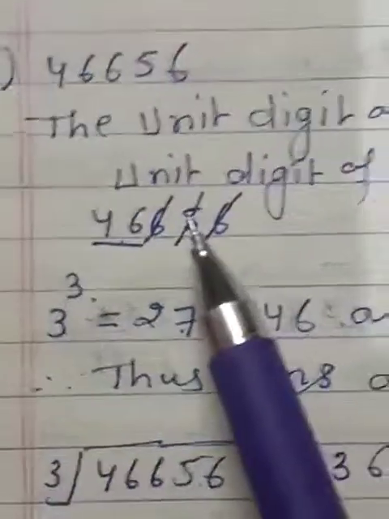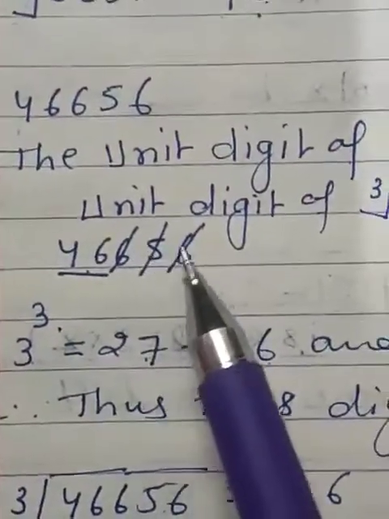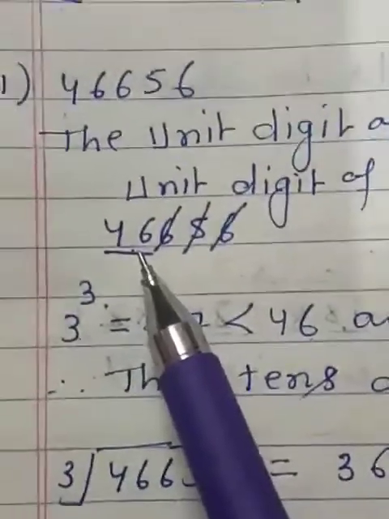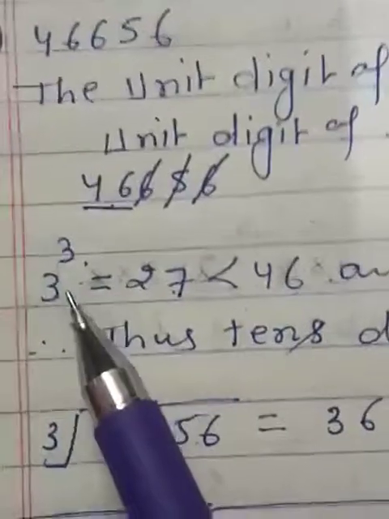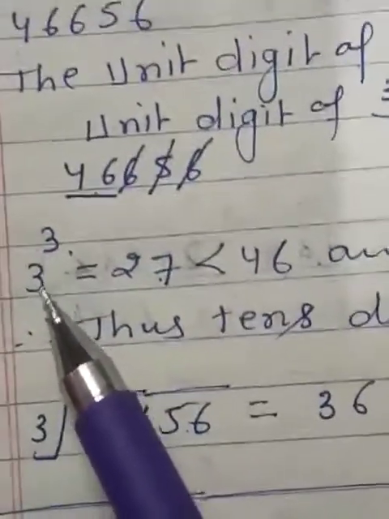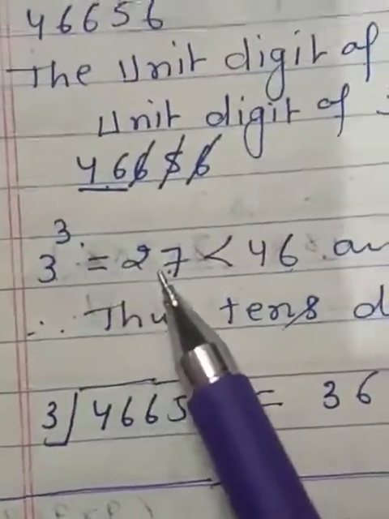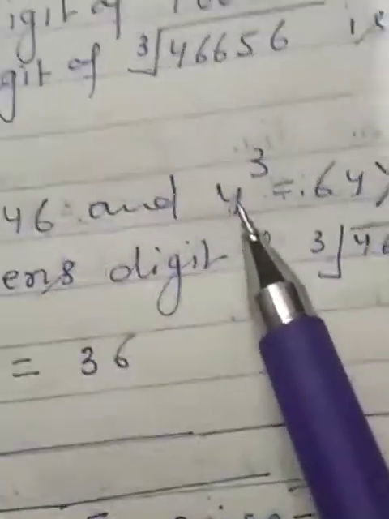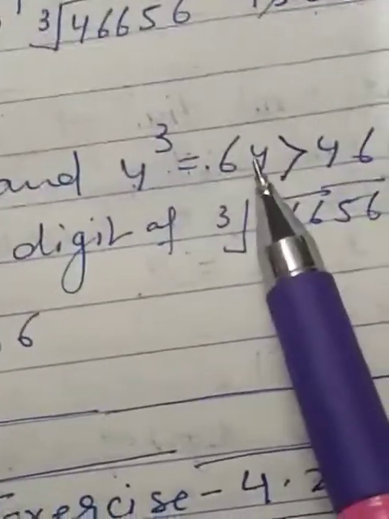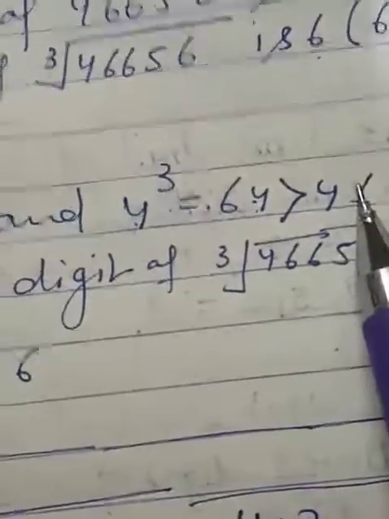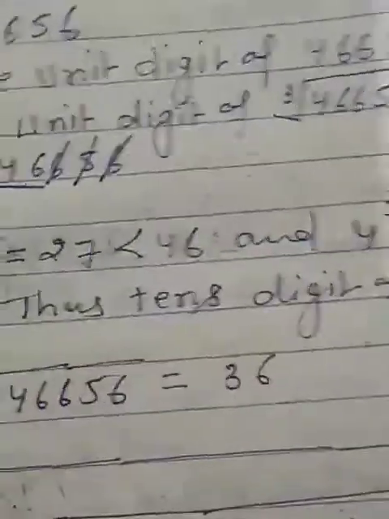Now when we cut 46656 from the right side, three digits, 46 is left. Now for the cube root of this number, we are taking 3. 3 × 3 is 9, and 9 × 3 is 27. 27 is less than 46. And 4 × 4 × 4 is 64, which is greater than 46, therefore it cannot be taken.